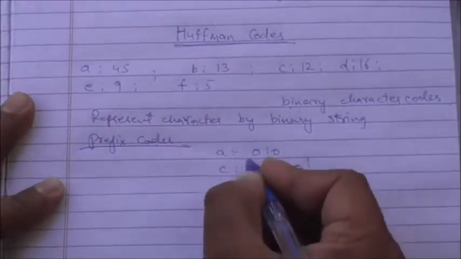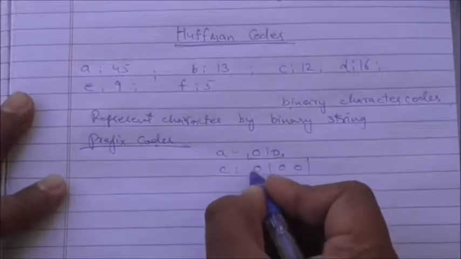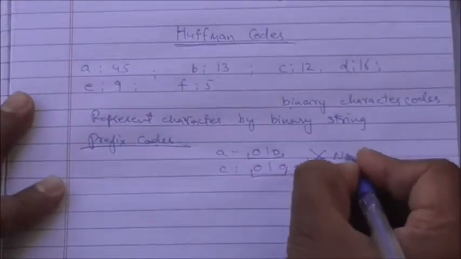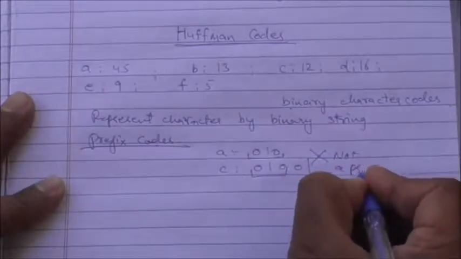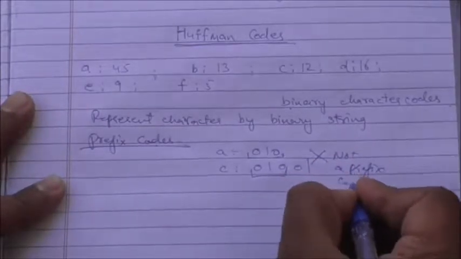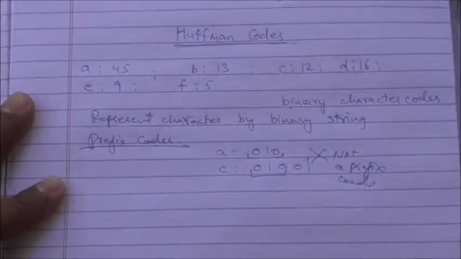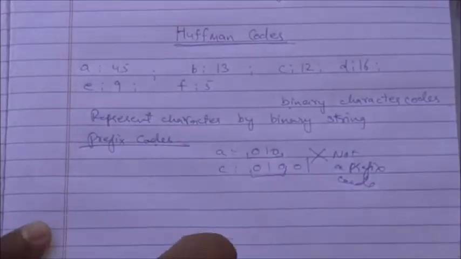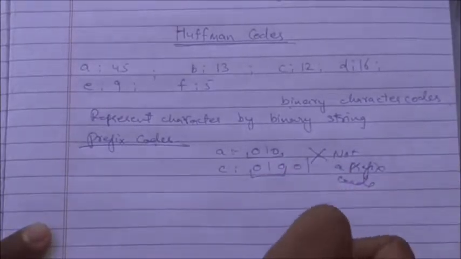So here we can see that this code word is the prefix of this code word, so it is not a prefix code, right? But Huffman codes are prefix codes. Here no code word is the prefix of another code word, right?